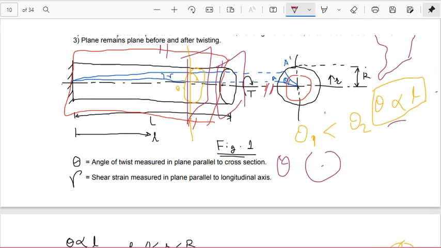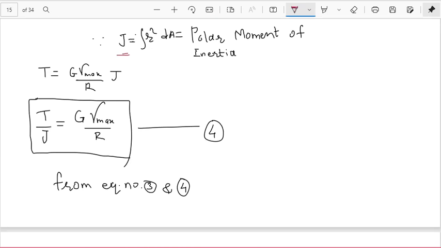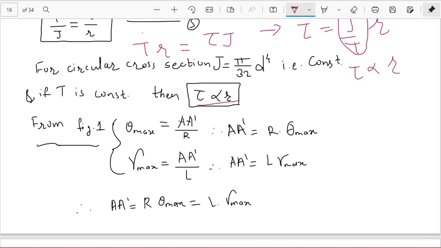So we will write the equation. Here you can see theta max, that is angle, is equal to arc upon the radial distance capital R. A dash is the arc divided by R. So A dash can be written as R theta max. Similarly, A dash can be written in terms of gamma max and L, like this.